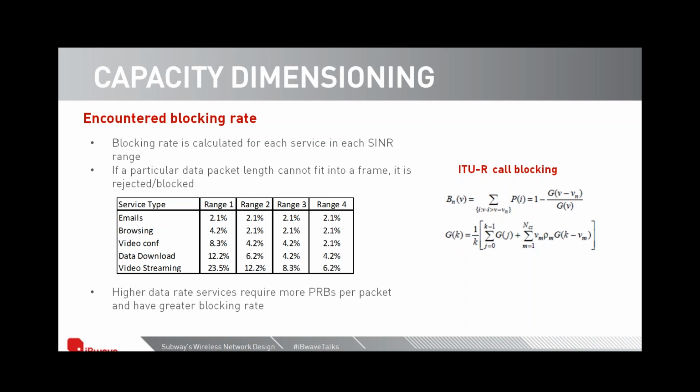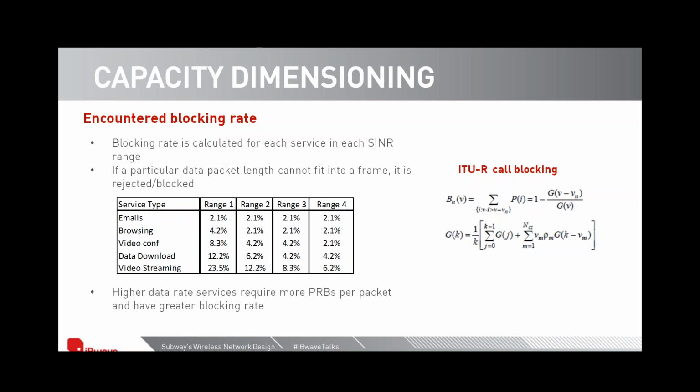So these are the critical statistics for you. They show that higher data rate services require more PRBs and have a greater blocking rate, and this is what you will look into when you're deciding whether you are happy with 2 sectors or not.